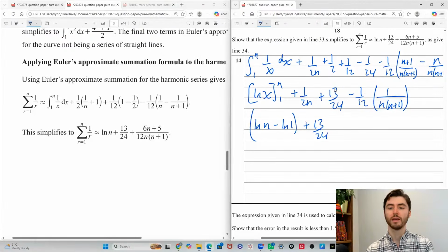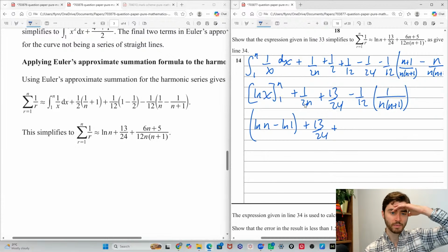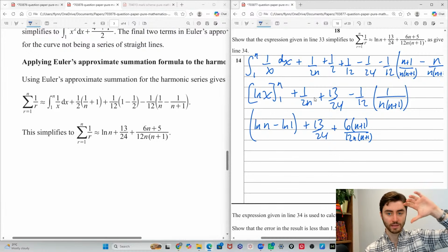I like that. Now I need to combine these, and the way I'm going to do that is I'm going to have to make that into 12 and n plus 1. In order to do that, I need to multiply by 6 and n plus 1. So 6n plus 1 all over 12 and n plus 1 is that guy.